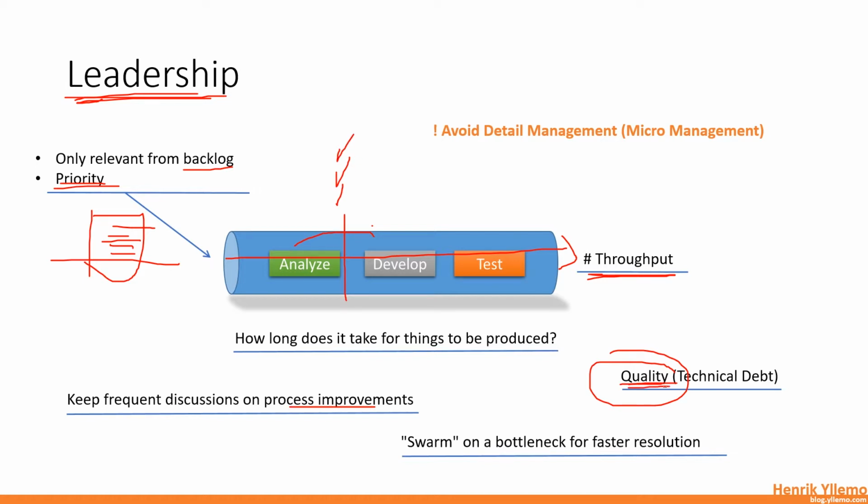This type of quality check needs to be implemented as well, and this is typically a leadership thing. And also if we have something being stuck here for some time, we need to have some kind of swarming ability and call for action, so that the entire team focuses on this issue and tries to resolve it as soon as possible for faster resolution. Those are key things for leadership.